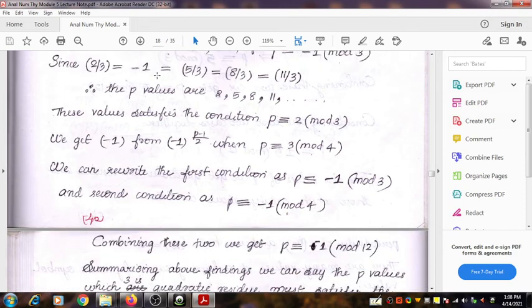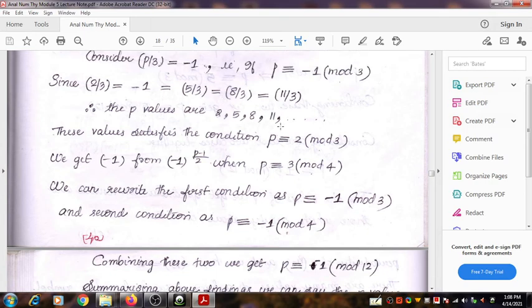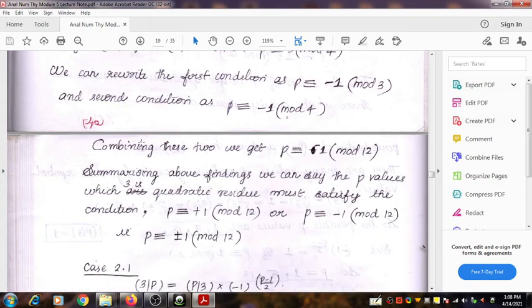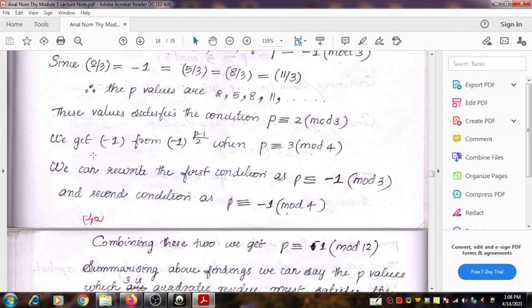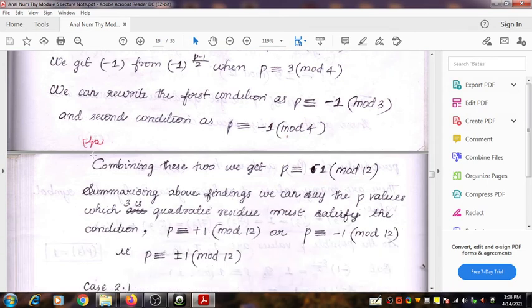Okay, then you can list out the prime numbers in the first group, 1, 5, 8, 11, etc. And you can list the other prime numbers also. Then you can select those numbers satisfying this condition.